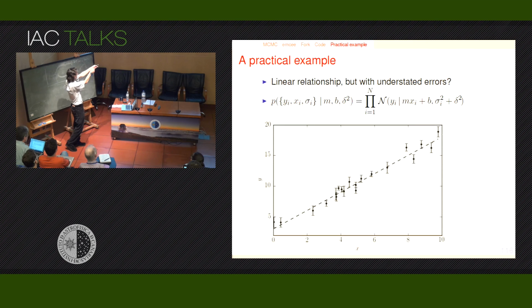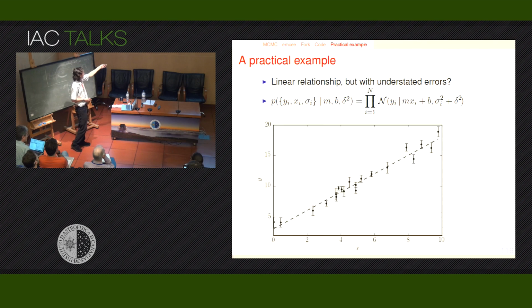We're going to ask for the likelihood of the y values given a slope and an intercept and some additional noise on the measurements that we believe is included in the actual samples but wasn't reported.